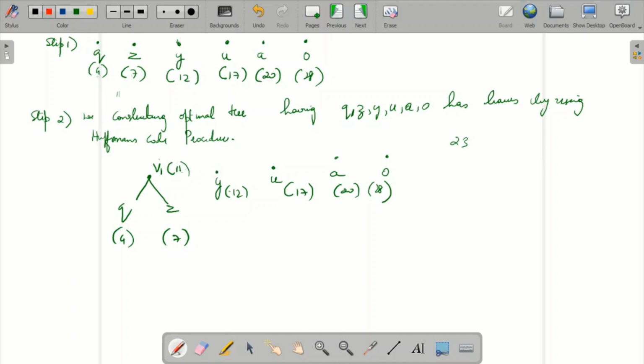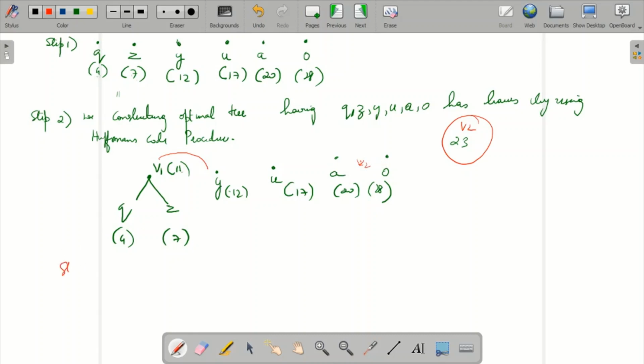Now you are combining these two vertices, so V2 will come. V2's weight is 23. So it should not come next to U, not next to A, but next to A it should come, with these branches. So U will be first, A will be first, and V2 will be over here, then O will be there.